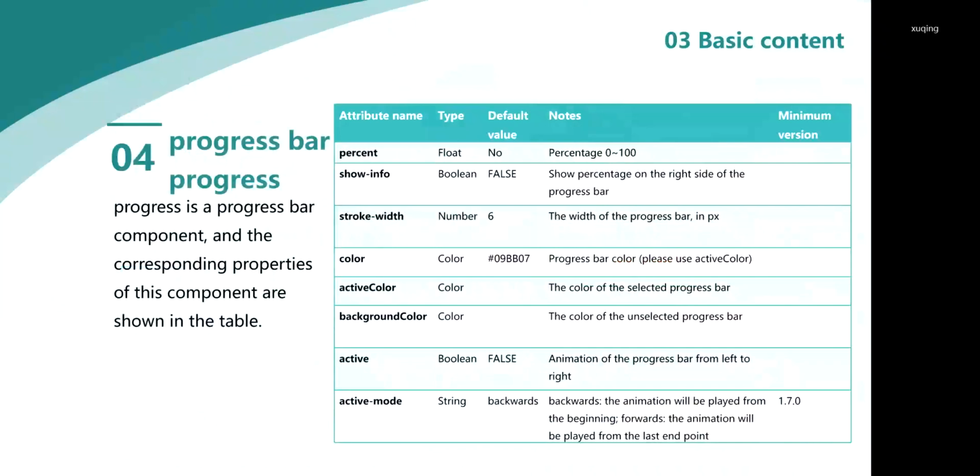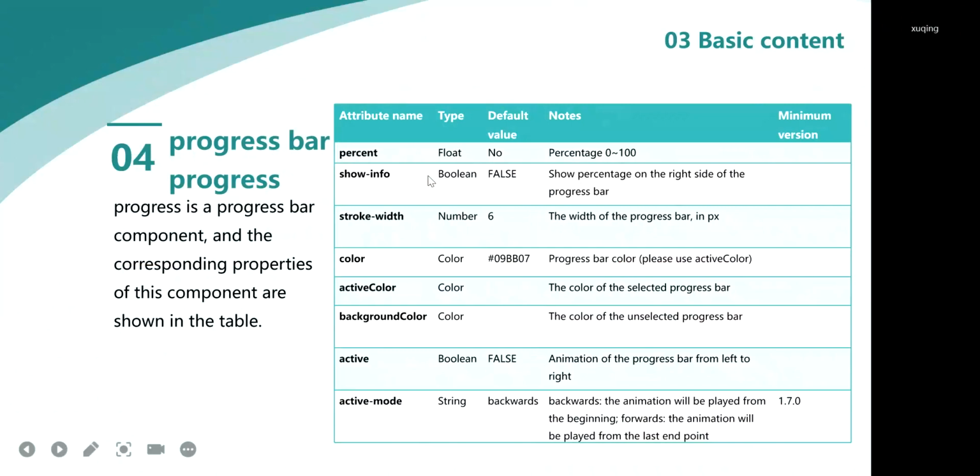You see progress, it is a progress bar component, and the corresponding properties of this component are shown here in this table. We have different attributes for progress. We have the percent with the type float. We had no default value, and the percentage value can vary from 0 to 100.